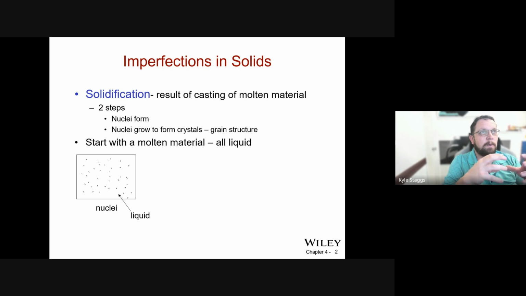So the nuclei form, the crystals grow until they reach the boundaries of another crystal, and then they stop. The material comes out of liquid into solid in that manner, and that boundary between the different nuclei growing together is called the grain boundary. The grain structures are what are left.